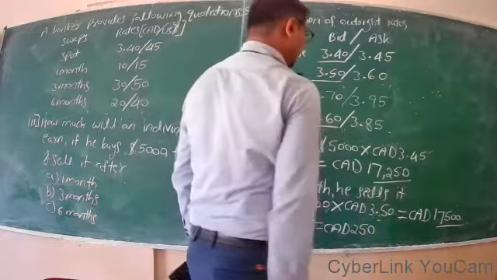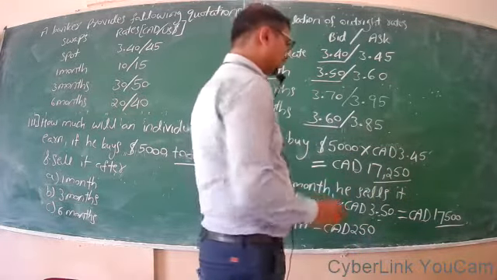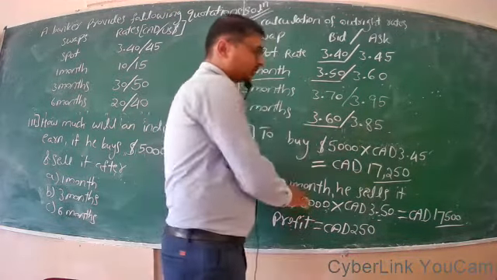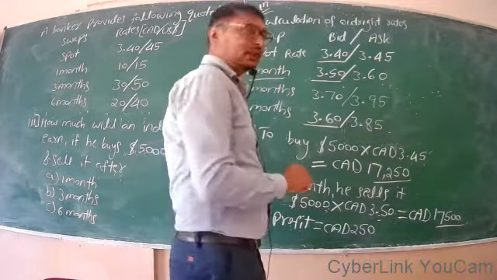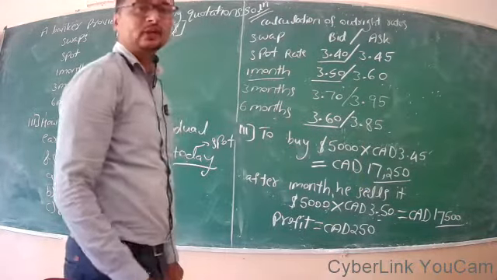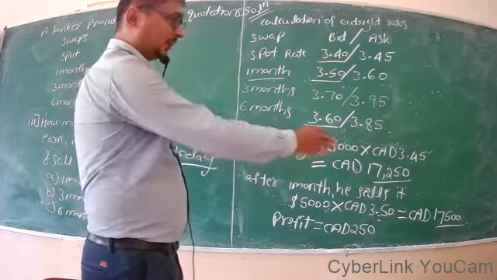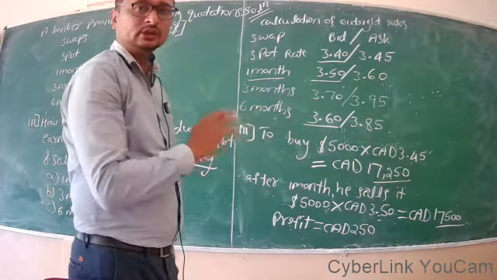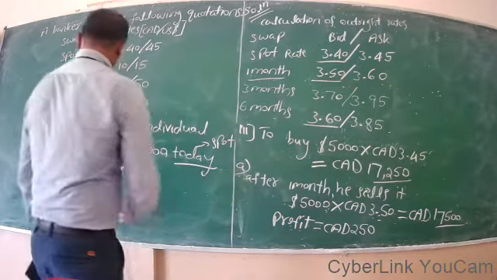That is Canadian dollar 17,500 he receives after selling 5,000 US dollar, and this 5,000 US dollar was bought at the price of 3.45 before 1 month. So he has paid 17,250 Canadian dollar. Now he is getting 17,500 Canadian dollar. So the ultimate profit is 250 Canadian dollar. That is 17,500 Canadian dollar minus Canadian dollar 17,250. Now, this is the answer to the question number A.